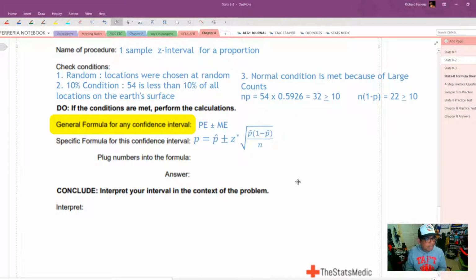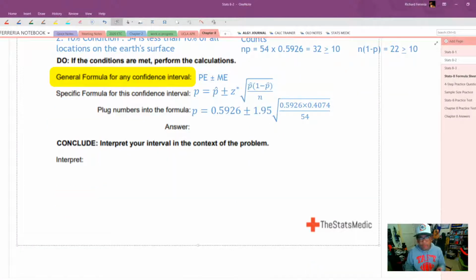Next, you're going to write down the specific formula for this confidence interval, and the specific formula is p equals p hat plus or minus z star times the square root of p hat (1 minus p hat) over n. Then you're going to plug in the numbers.